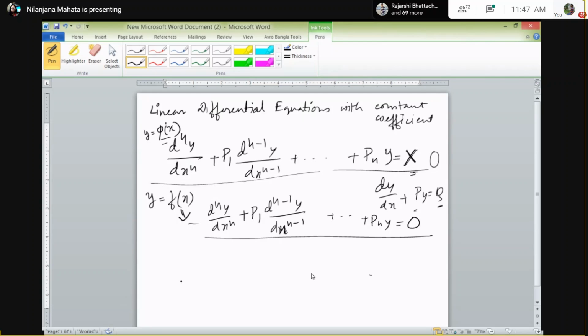Then y is equal to f(x) plus phi(x) will be the general solution of equation 2.